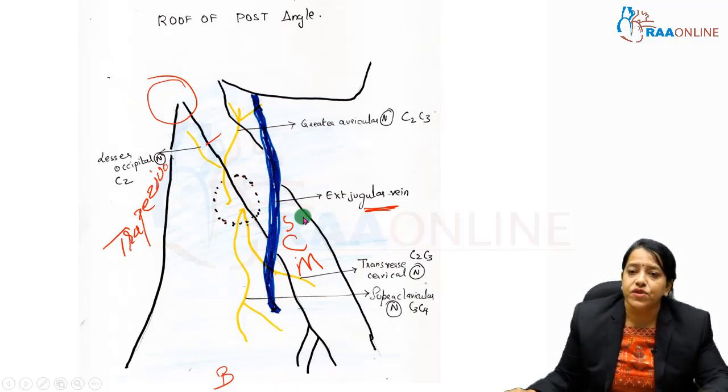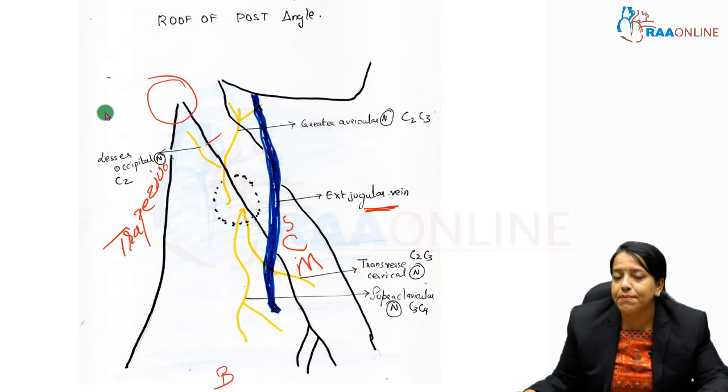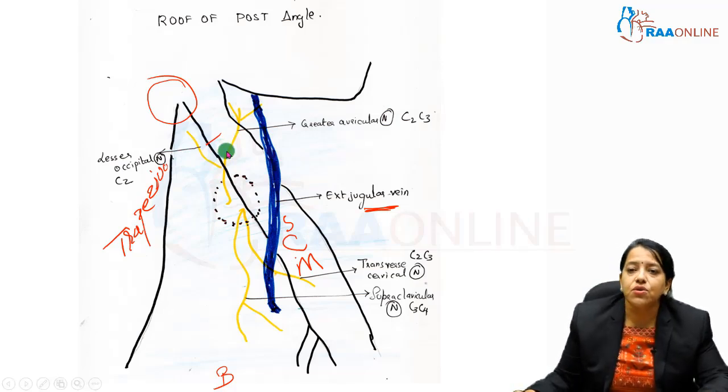They also go over the anterior triangle of the neck, to the angle of mandible and the scalp. We have the lesser occipital nerve, the root value is C2, and the greater auricular nerve, root value C2, C3. Lesser occipital will supply the skin of the scalp behind the auricle. The greater auricular nerve will supply the skin over the angle of mandible and the parotid gland.